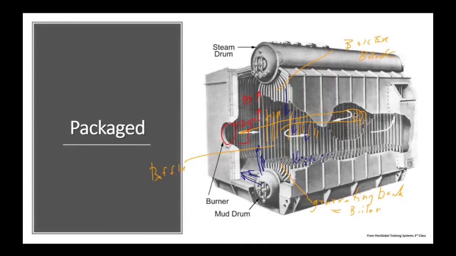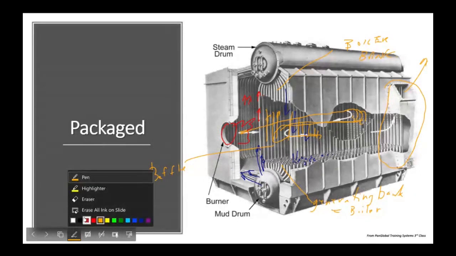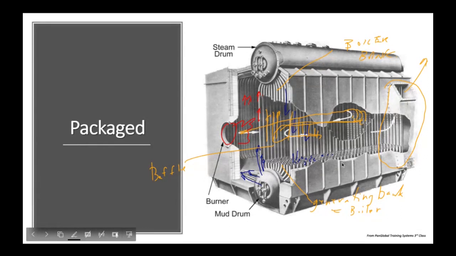So that first pass is the length of the furnace. The second pass is through the boiler bank. And the last pass is this way and up here. So this part of the boiler where the flue gas is collected, and I'm going to use a different pen color, use black.